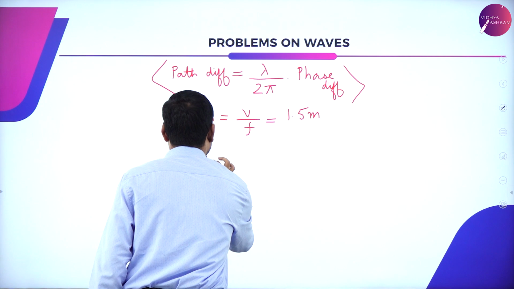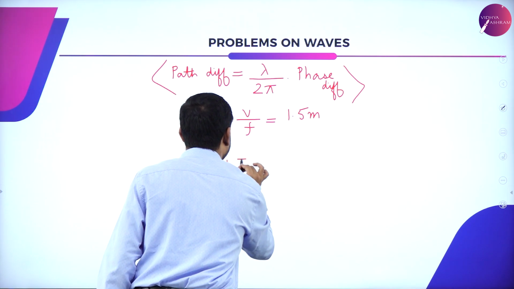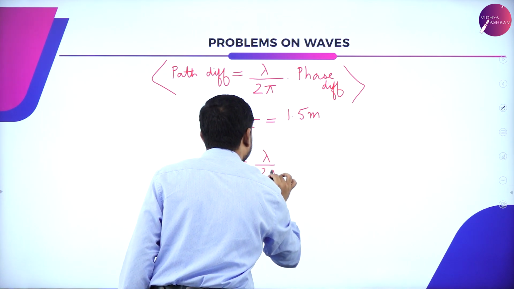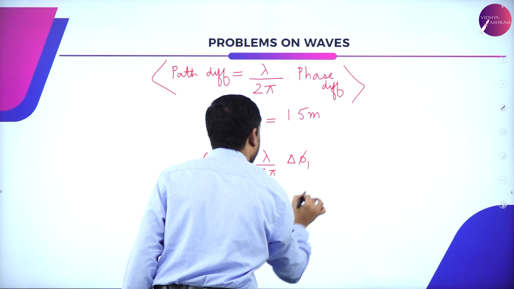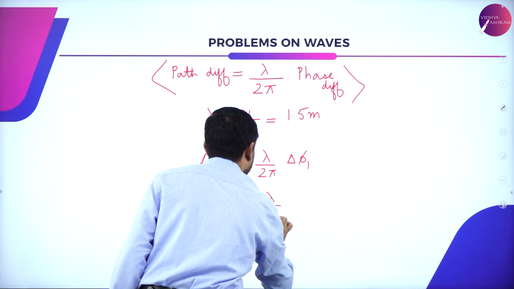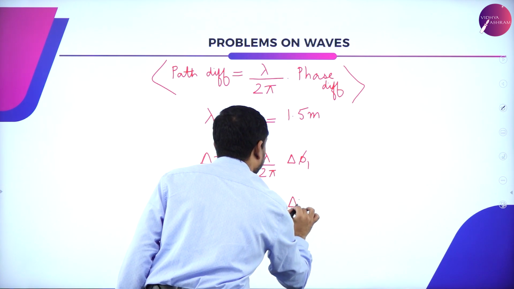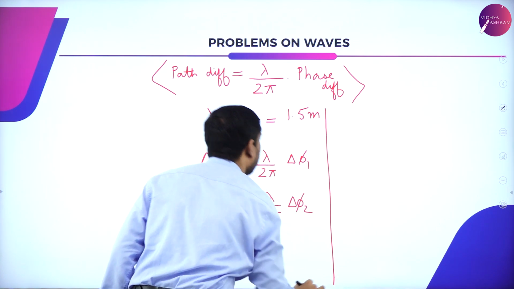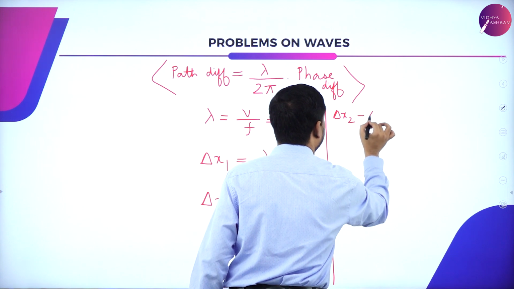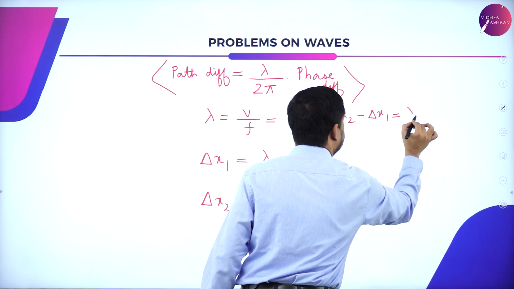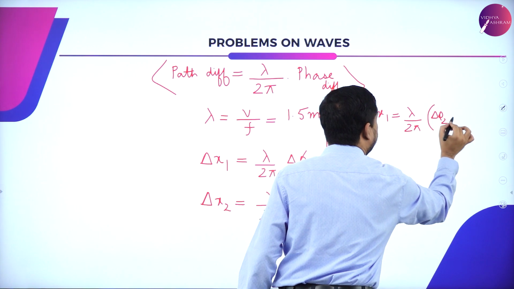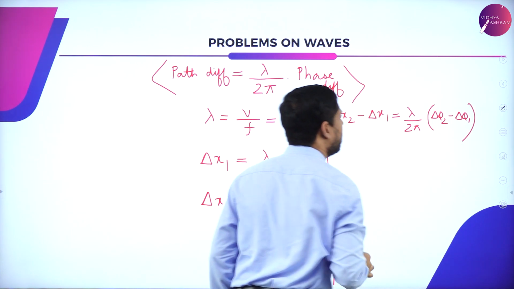First case, delta x1 is lambda by 2 pi delta phi 1, delta x2 is lambda by 2 pi delta phi 2, or delta x2 minus delta x1 is lambda by 2 pi into (delta phi 2 minus delta phi 1).